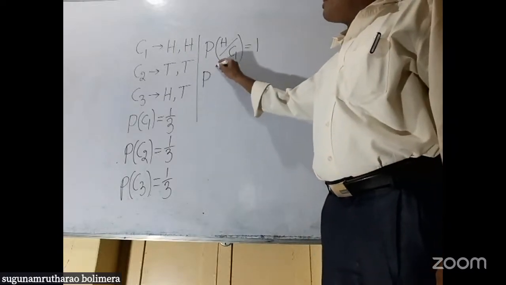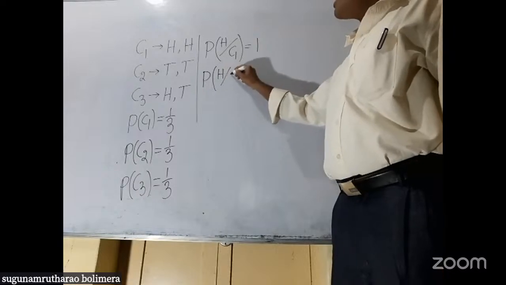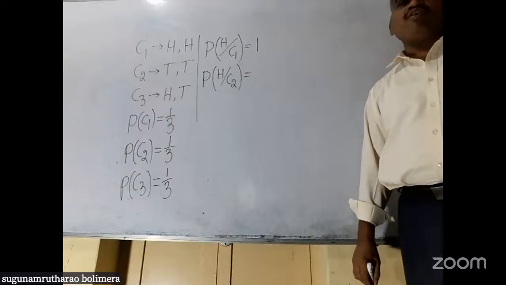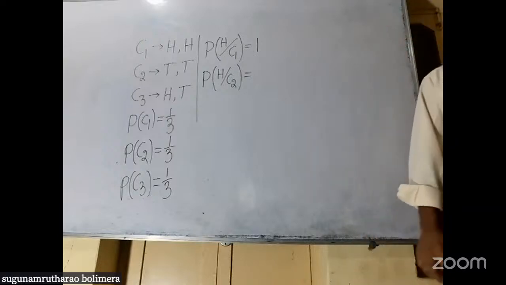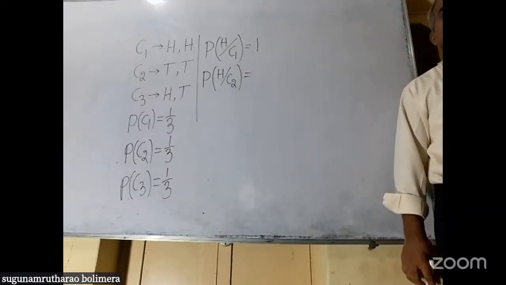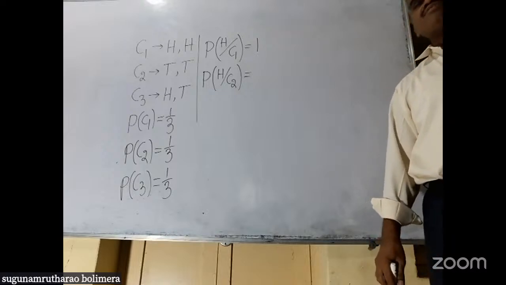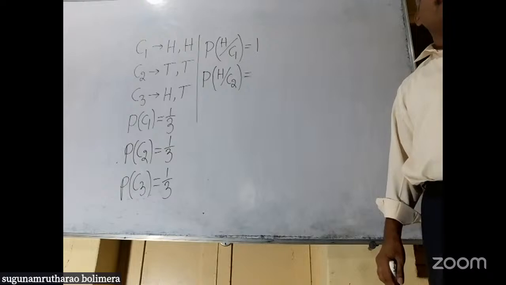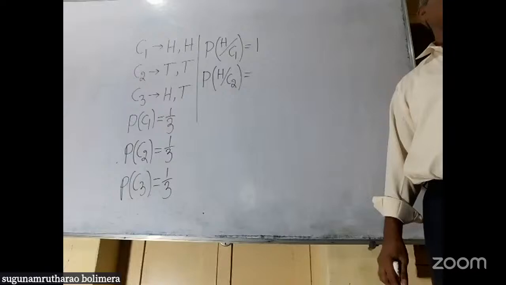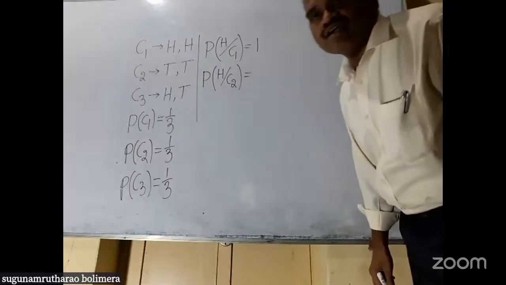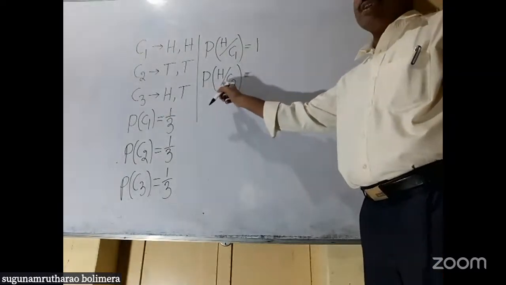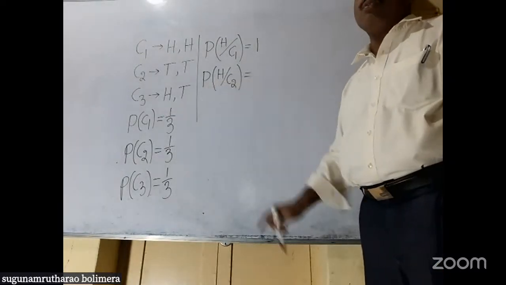What is the probability of getting head from C2?